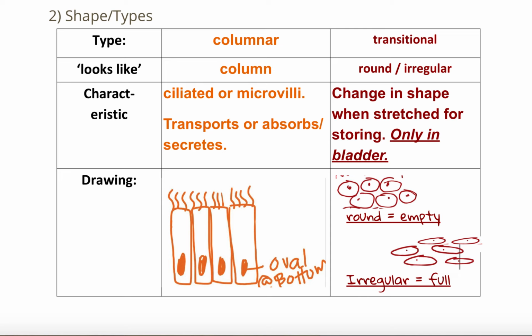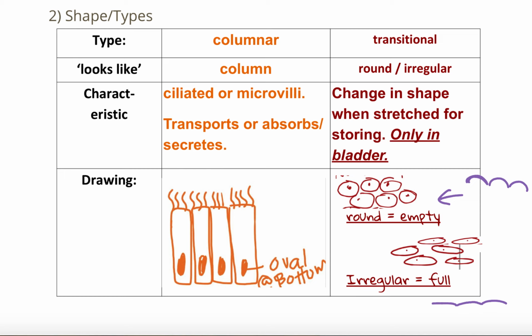It means it goes from kind of rounded surface to kind of flat surface. So if it's empty or relaxed, meaning it's smaller, it's going to be a little bit more round at its surface, like this at its surface. And if it's a bladder that's full, then its surface tends to look more stretched out.